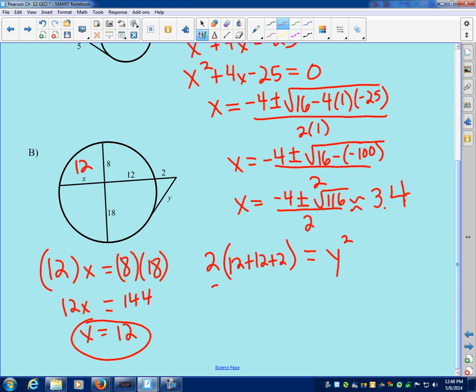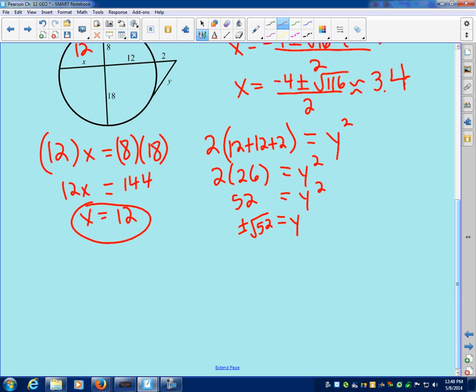So I've got 2 times 26 equals y squared. So 52 equals y squared. So y equals plus or minus the square root of 52. Only one of those makes sense for this problem. So y is approximately equal to the square root of 52, which is 7.2. There's our y.